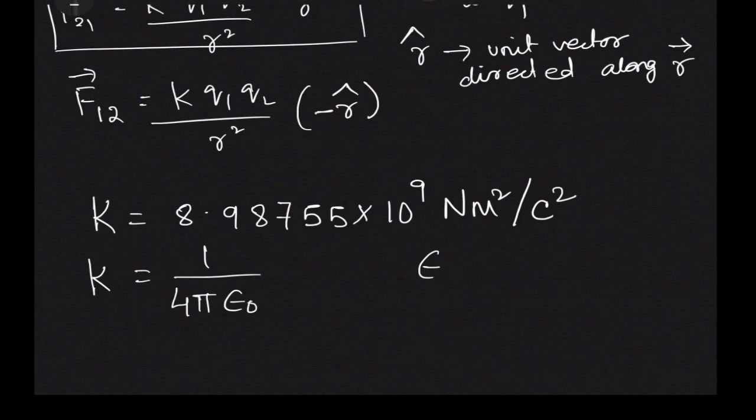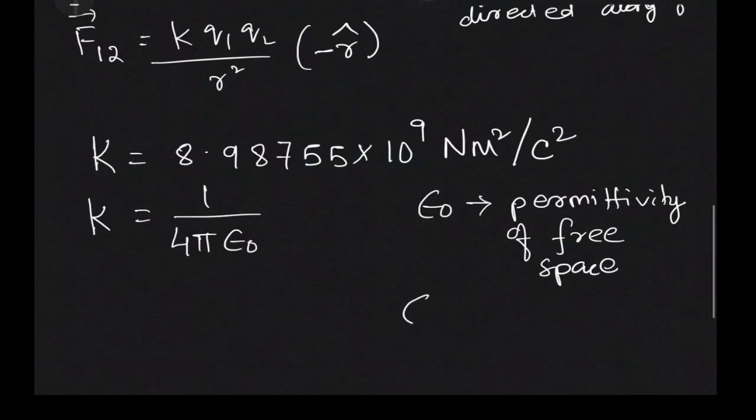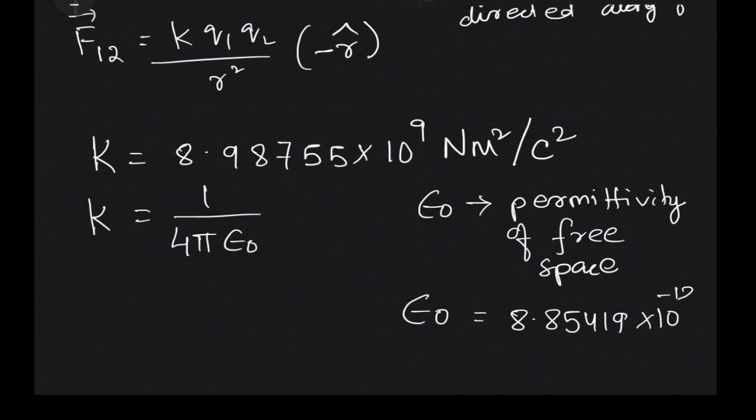What is epsilon naught? Epsilon naught is called permittivity of free space or vacuum. Okay, and the value of this epsilon is 8.85419 into 10 to the power of minus 12 coulomb square per Newton meter square.